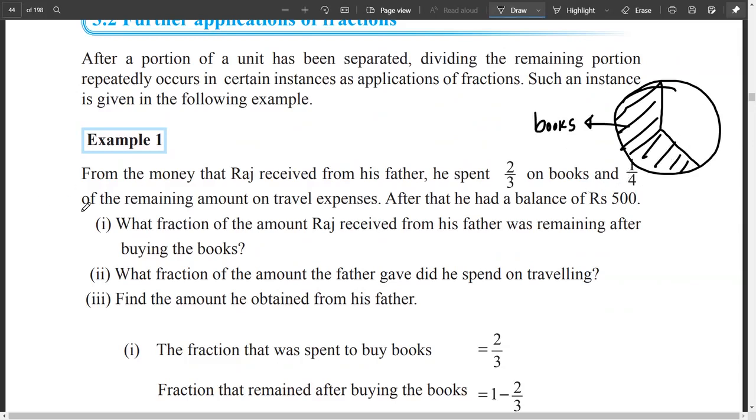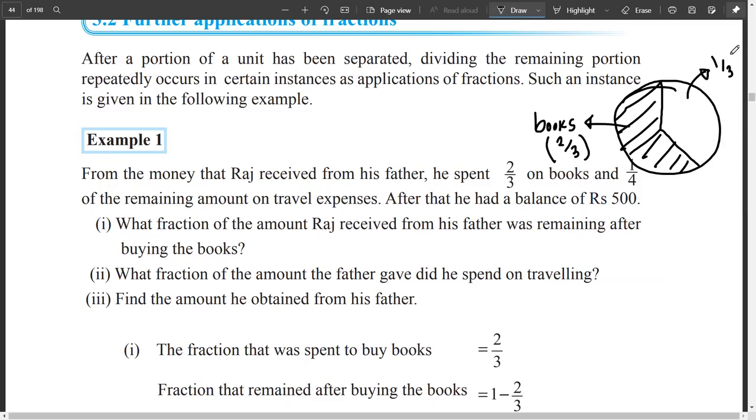And 1/4 from the remaining amount. So this is for books, it's 2/3. So the remaining part is what? The remaining part is 1/3. Okay. From that 1/3, another 1/4 he used for travel expenses.